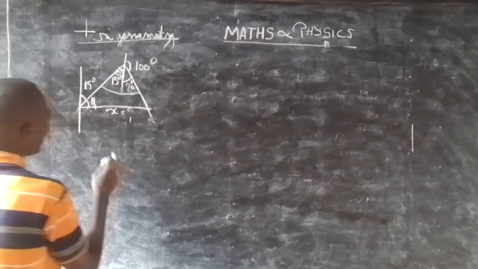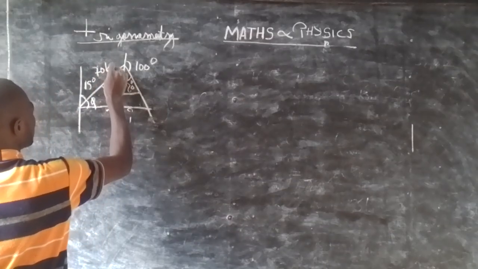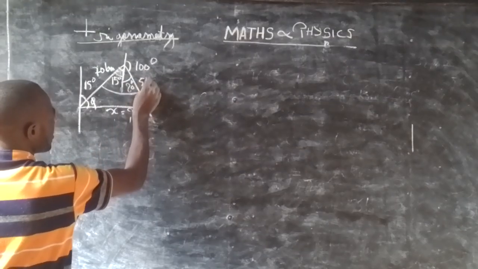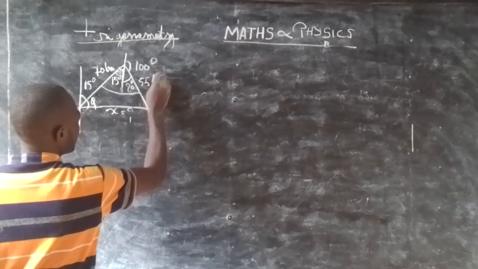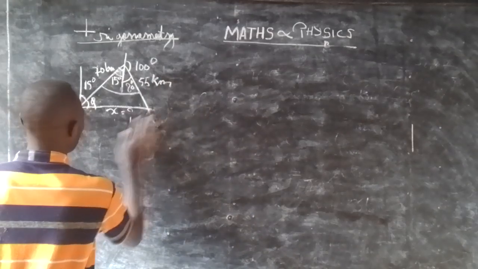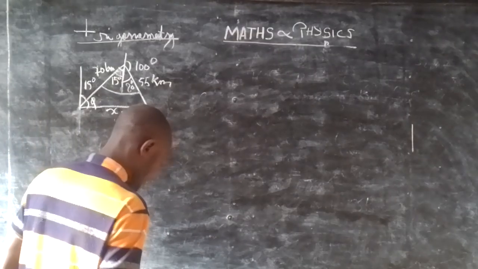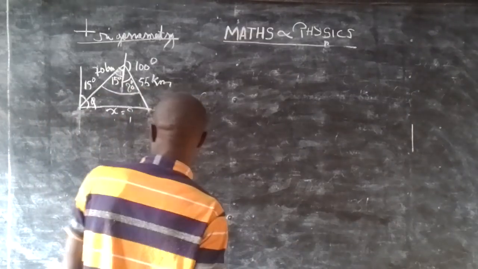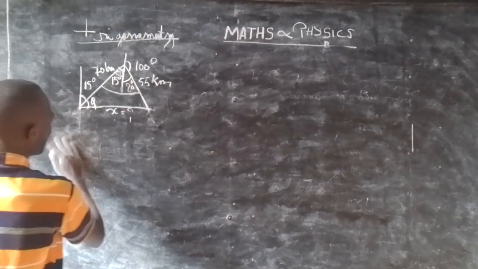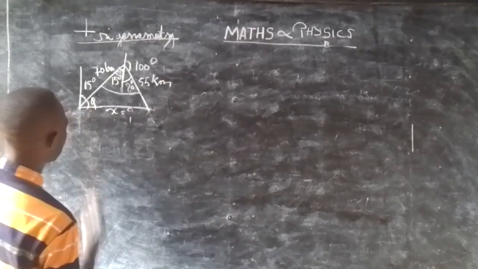So the first distance we have is 70 kilometers. The second distance we have is 55 kilometers. So here we will combine two laws, the cosine rule and the sine rule. Let's start with the cosine law in order to find this distance.